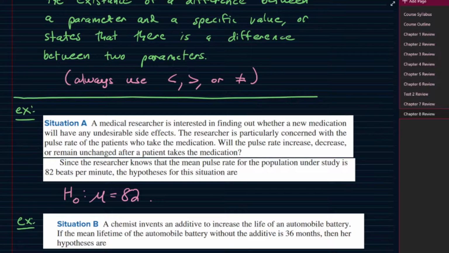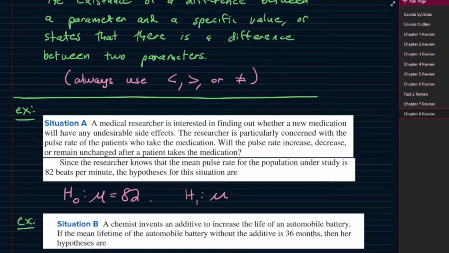Our alternative hypothesis, it's going to be mu is what? Less than, greater than, or not equal to. Which of the three symbols do we pick? It's about what is trying to be tested here. So it says the researcher is particularly, it says, will the pulse rate increase, decrease, or remain unchanged?